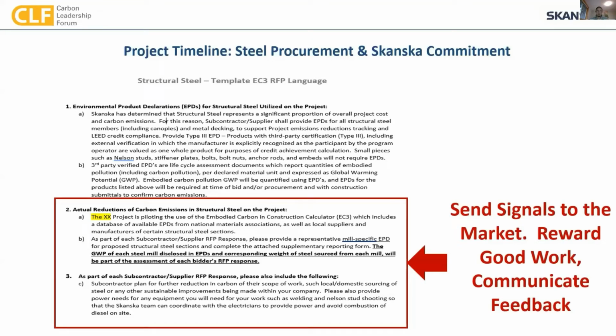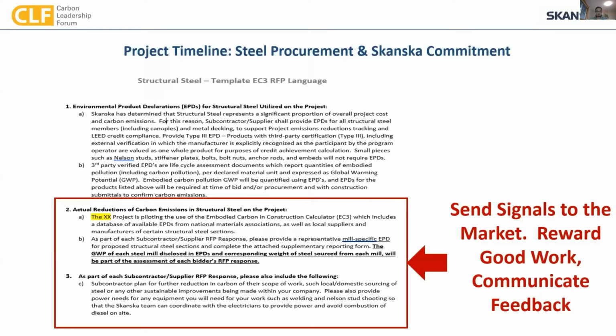What we're trying to do here is mainly send the signal to the market that we care about embodied carbon, and we are going to include it as an award criterion alongside cost, schedule, backlog, and everything else that we consider when we award a fabricator for steel. We want to move the market, send the message that this matters to us, and reward good work like Nucor's.